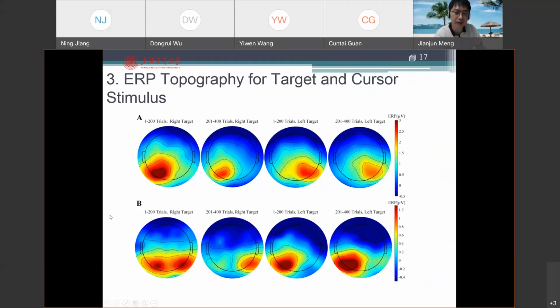So the ERP amplitude was mainly maximized in the occipital area, and it also showed a lateralization in most conditions. And this is consistent with our experience. And also from the topography, a slight decreasing trend of ERP amplitude could be observed for both the right target and the left target.